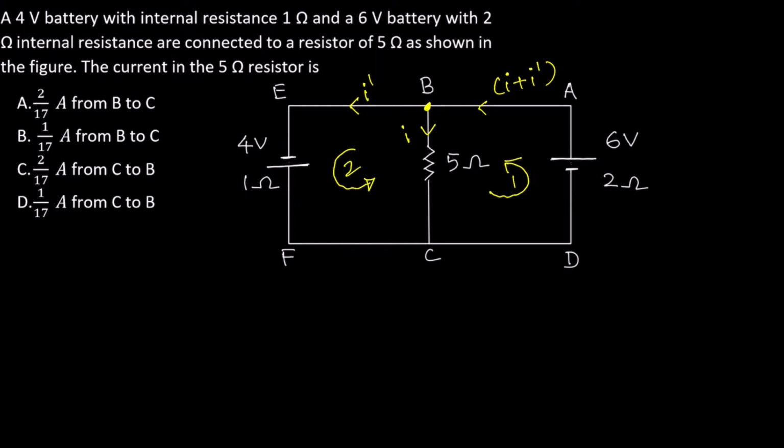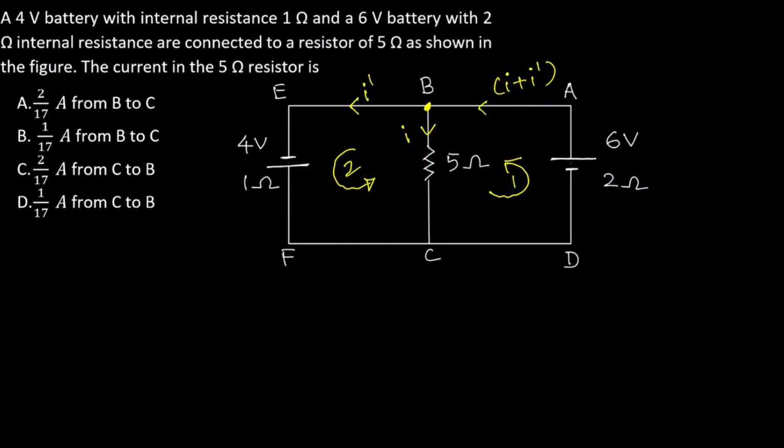Let me indicate which loop I am looking at. First we are looking at this loop. There are only two elements here, but don't forget the internal resistance. So with that internal resistance, there are 3 elements here: one 6-volt battery, its internal resistance, and the 5 ohm resistor.